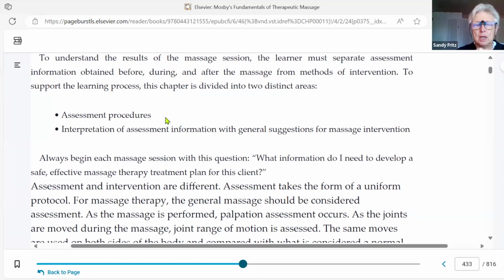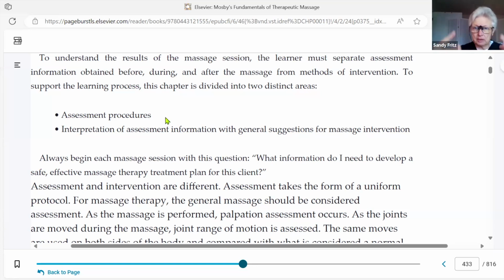So when we're doing an assessment such as a joint movement assessment, we're looking for need to refer information, if we're involved in a consultation with another healthcare provider, places where we need to adapt in order to provide effective massage and safe massage, and places that maybe we need to avoid.